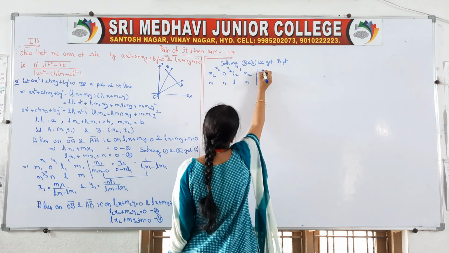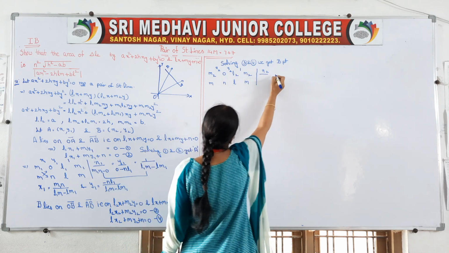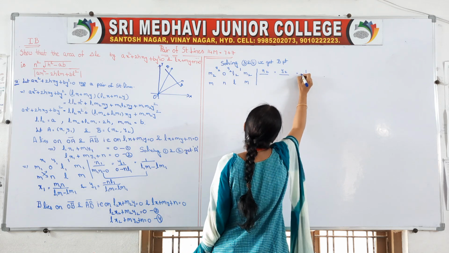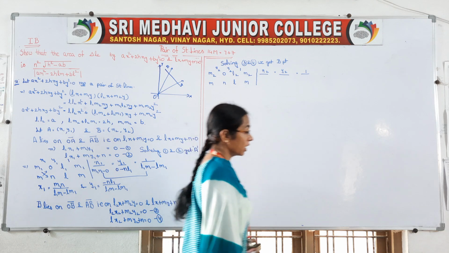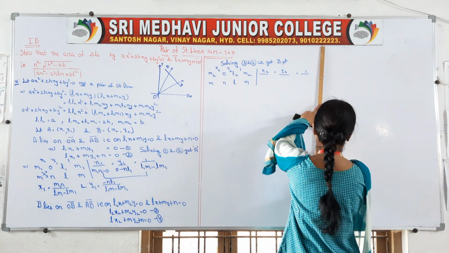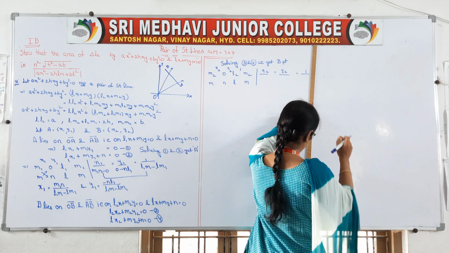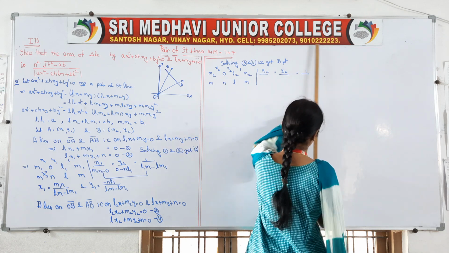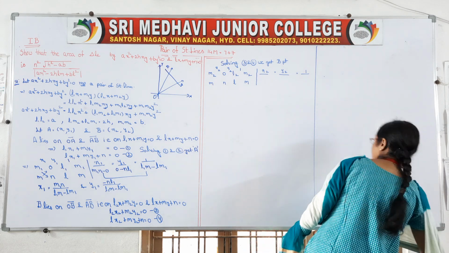So x2 divided by y2 divided by 1 divided by, okay? So if we take cross multiplication method, we are having cross multiplication in straight lines, we are using the same method here.